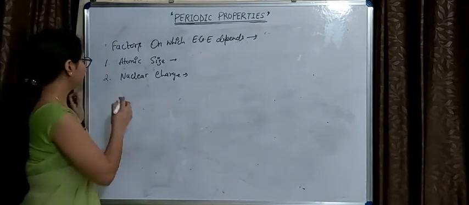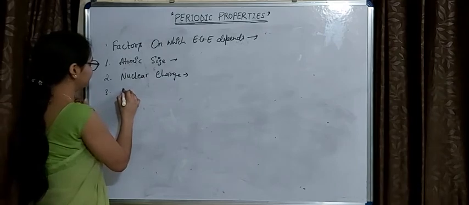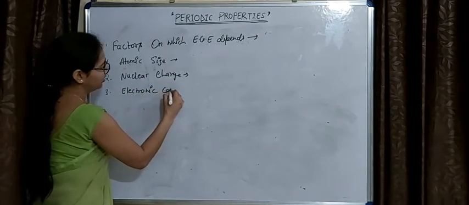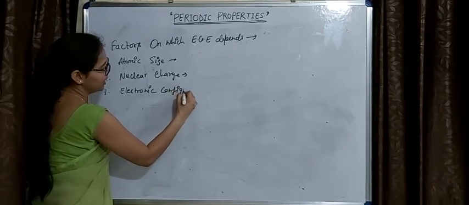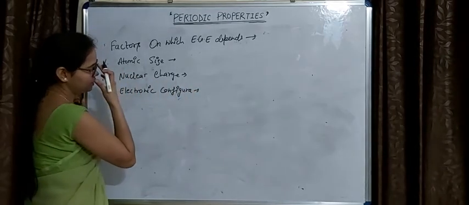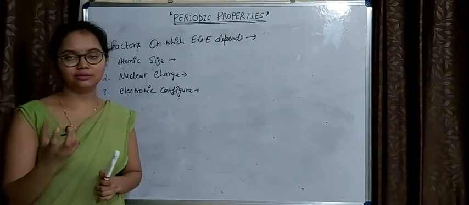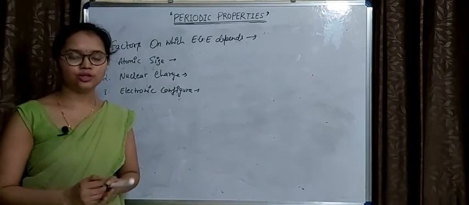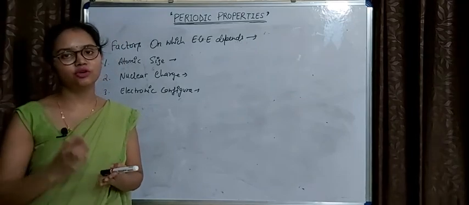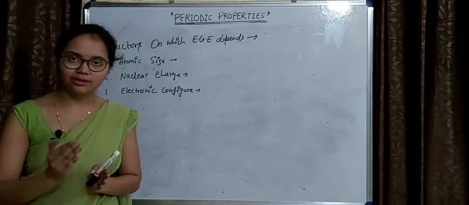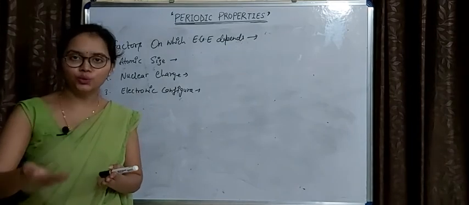Now, third factor, electronic configuration. As I told you about inert gases, they have a stable configuration. So the element which has a stable configuration, fully filled or half filled, will resist the addition of a new electron.